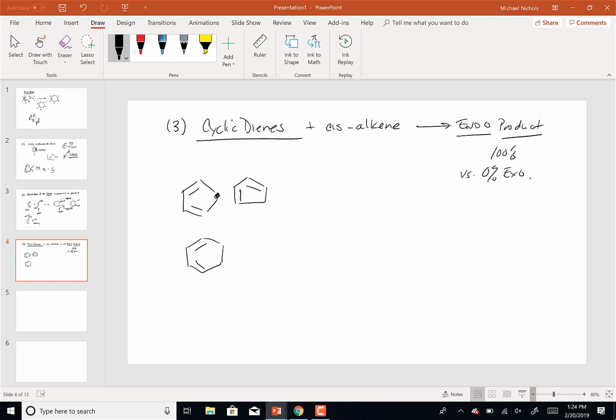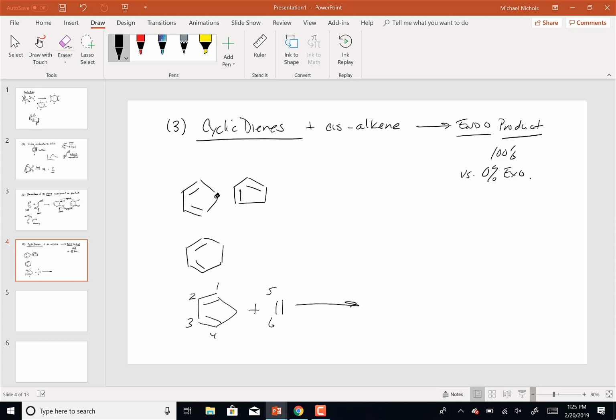So these molecules will react with an alkene, but let's take this stepwise. I'm going to take my cyclopentadiene and add to it an alkene. Not cis yet. Okay, so I've got my 1, my 2, my 3, my 4, my 5, and my 6.